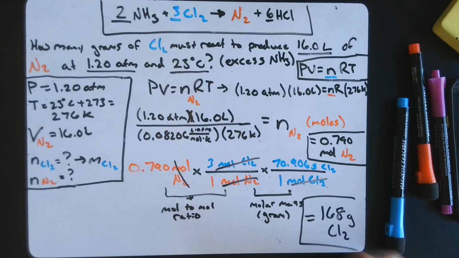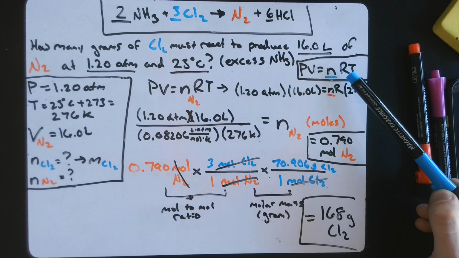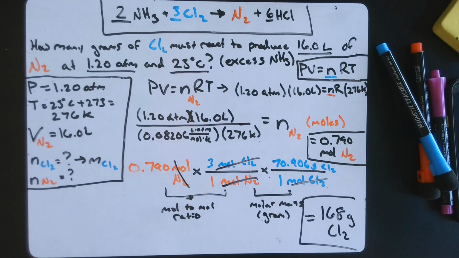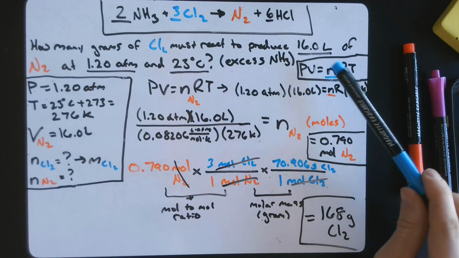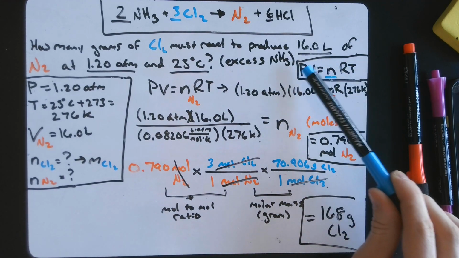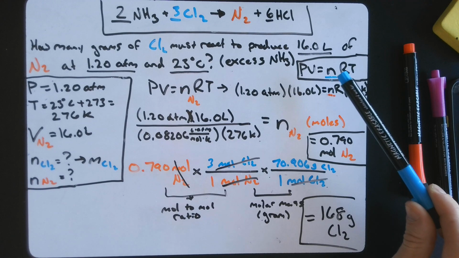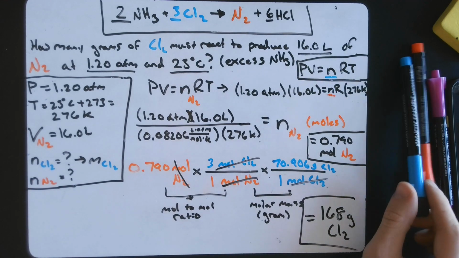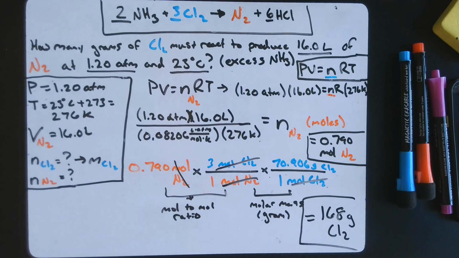Really, all I'm trying to say here is that the ideal gas law is what we're now throwing into all of our stoichiometry. The ideal gas law is how we can bounce between pressure, volume, moles, and temperature. It's crucial to all of the conversions that we do, okay?